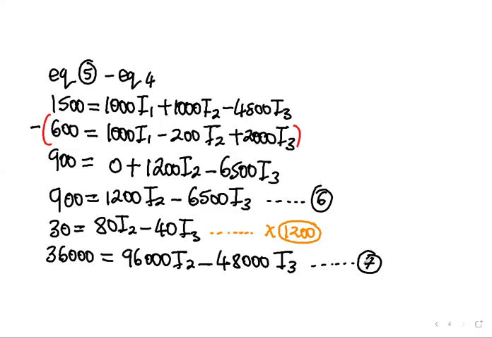And then from here, we're going to take that equation that we recently got, which is 900, and 900 is equal to 1200 I2 minus 6500 I3. We're going to multiply it by 80.